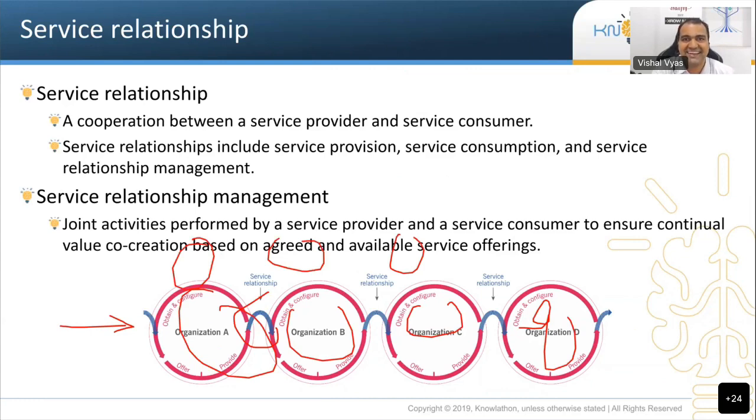And hence multiple thousands of millions of service relationships exist in the environment. There is a layer below, a layer above, a layer behind, a layer in front of this. Are you getting this concept? Multiple organizations dealing with other organizations for service. It's not a one-to-one relationship. It's many relationships.